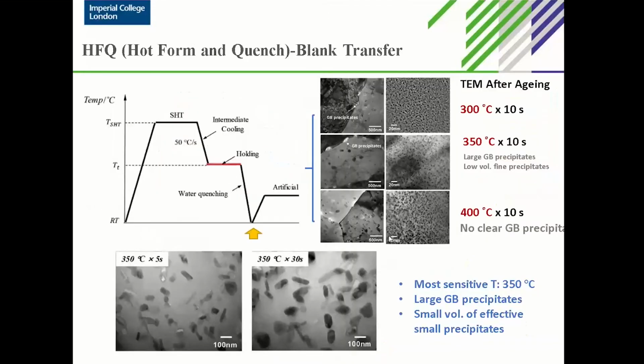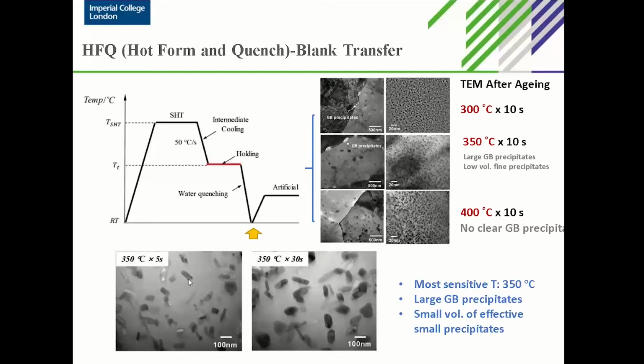Okay, so these are the brief microstructure results. Here is the TEM image directly after water quenching, where the holding temperature is 350, lasting for 5 seconds, and 350 lasting for 30 seconds.